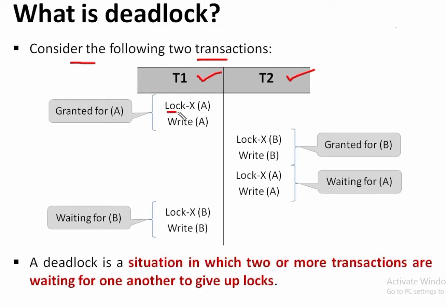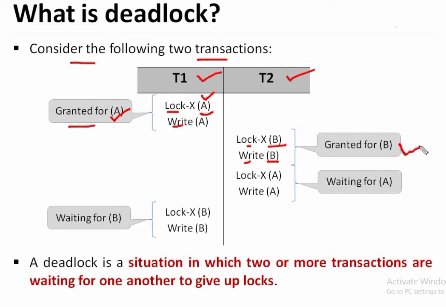It requires an exclusive lock X on data item A to write that data item A. Since no other transaction is currently executing in the system, the lock is granted for A, because no other transaction is working on A. Now transaction T2 enters the system, and it wants to lock data item B and write that data item B.